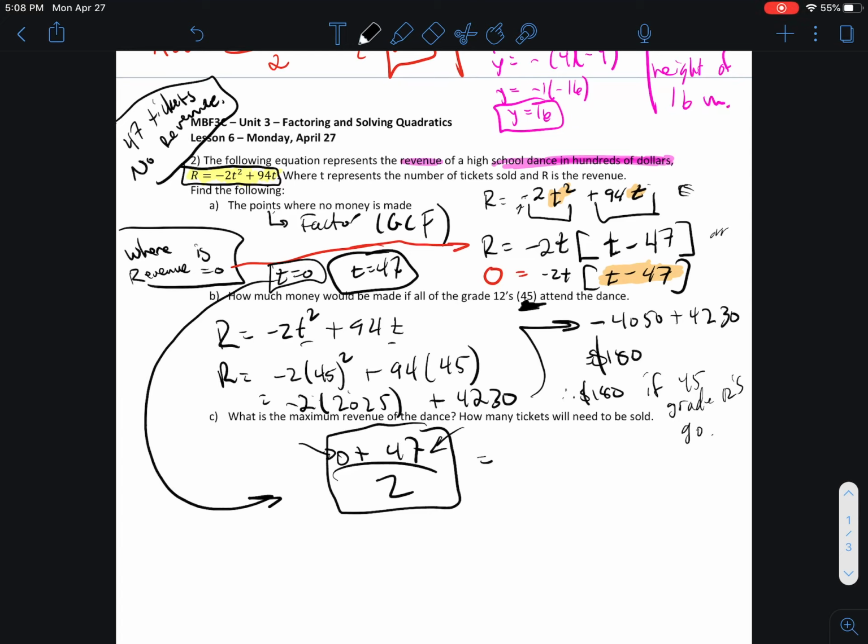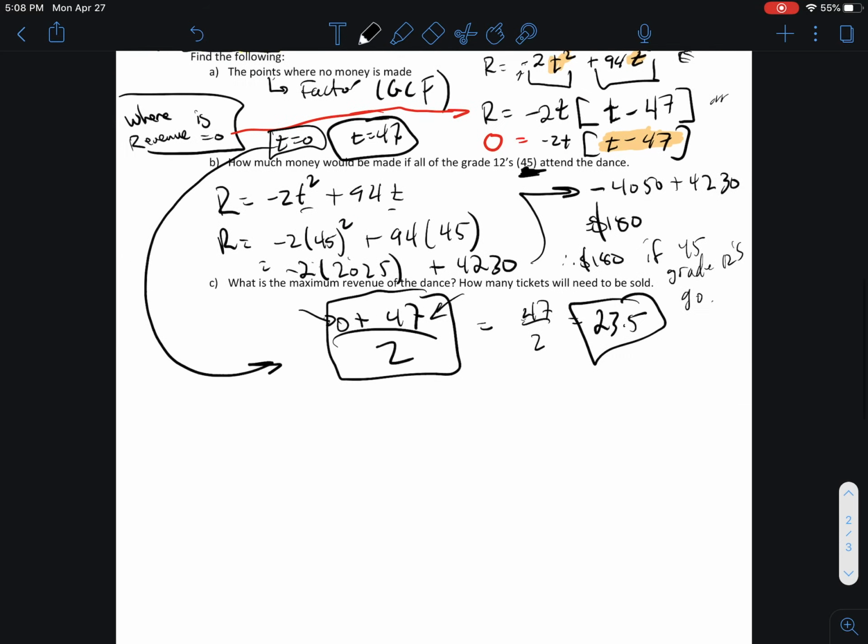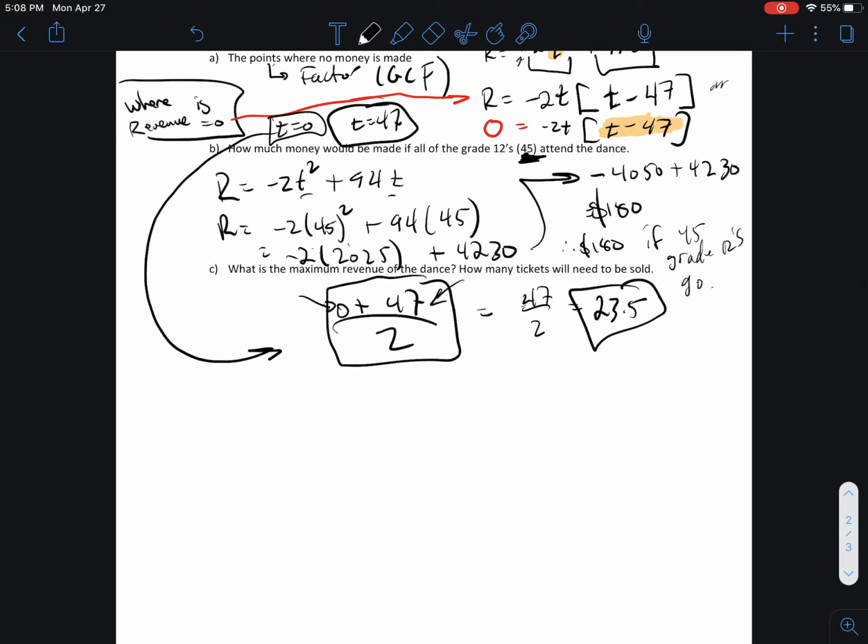47 divided by 2 is 23.5, which gives me half of 47. I know we can't sell half a ticket, so maybe not the best question, but we'll round down.